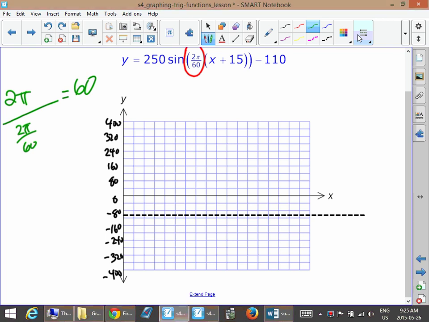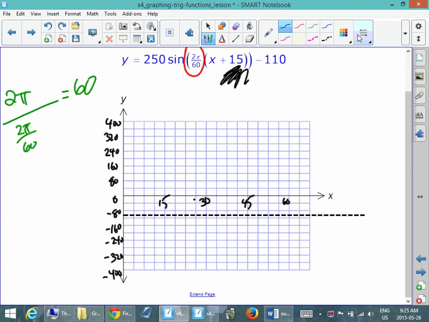So 60 is going to be way over here. This is going to be 60. And that means that that's 30. That's 15. That's 45.